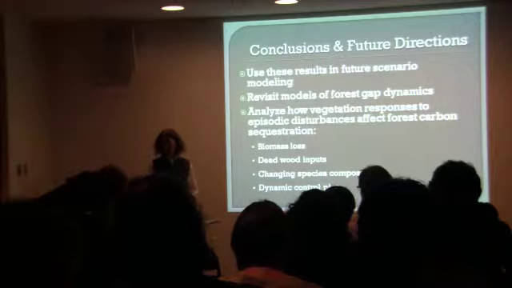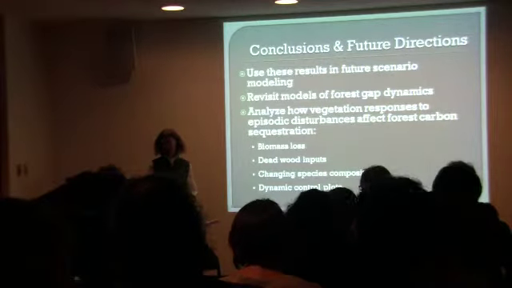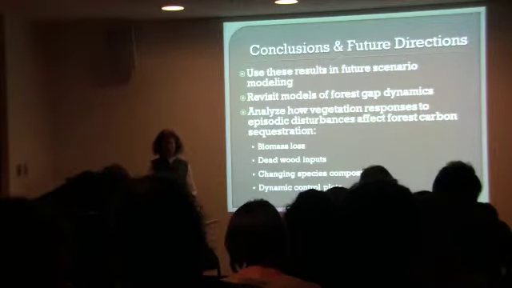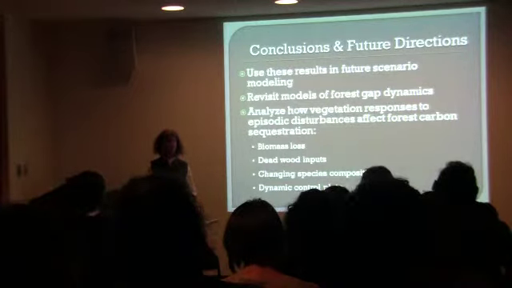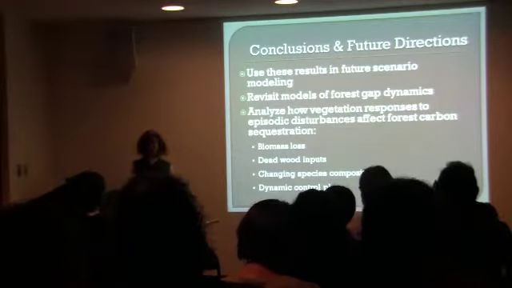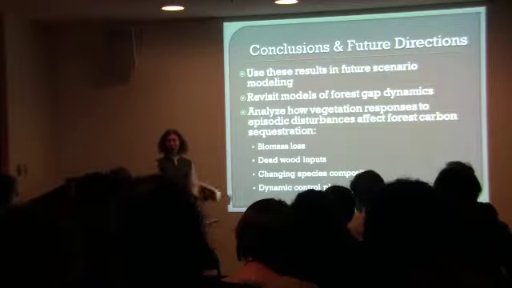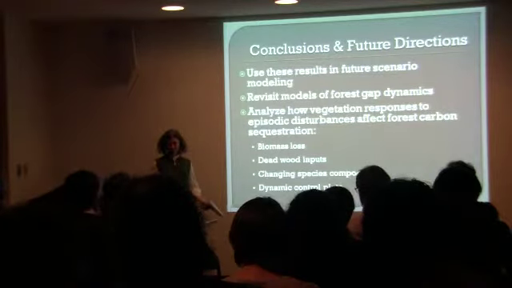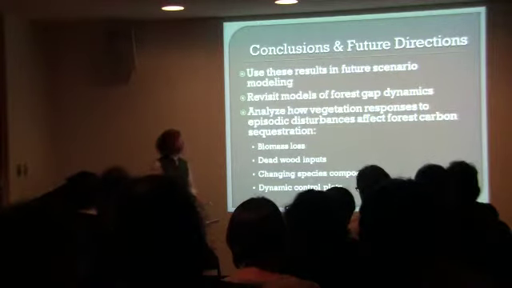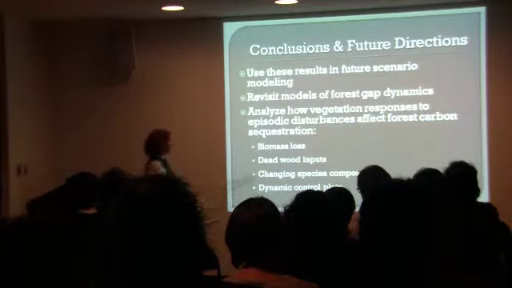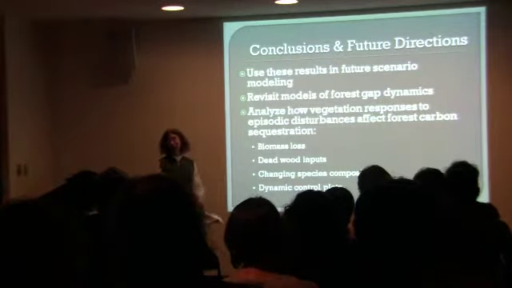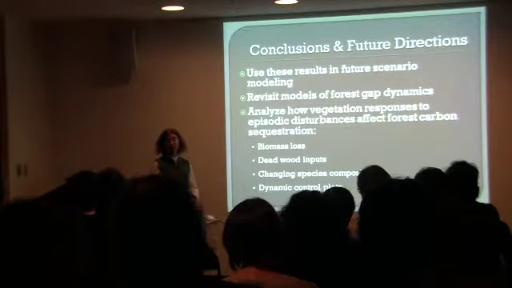And finally, I think this would be a really good opportunity in LTER VI to focus on how vegetation responses to these episodic disturbances affect forest carbon sequestration. Obviously there's biomass loss, but the persistence of that would be worth looking at, focusing in on dead wood inputs and their role in the carbon cycle.